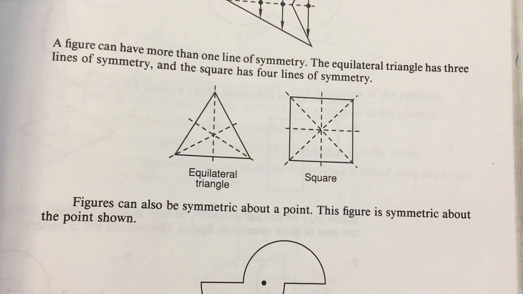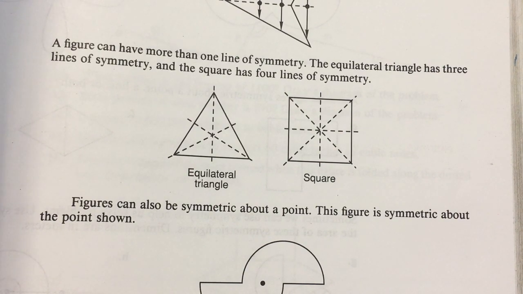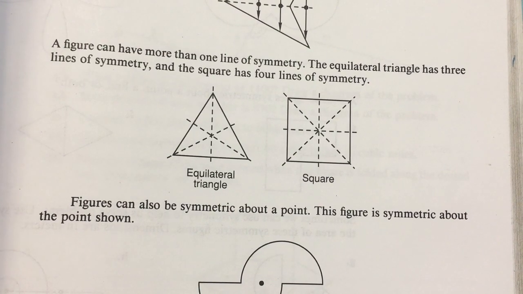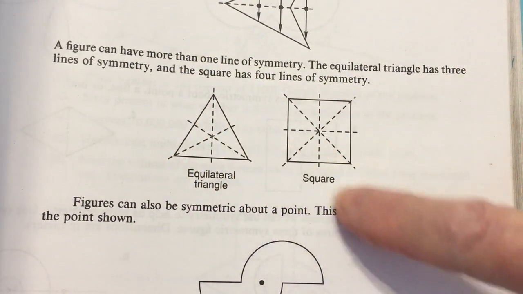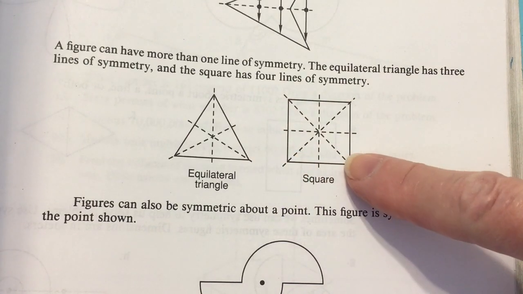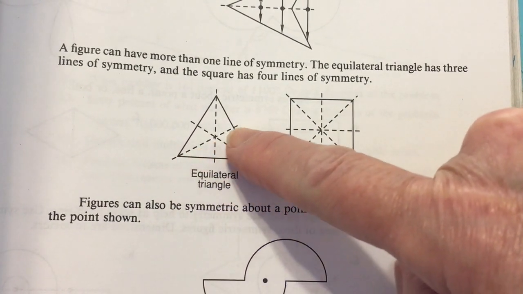In this next section, it says a figure can have more than one line of symmetry. The equilateral triangle has 3 lines of symmetry, and the square has 4 lines of symmetry. Okay, so we have the equilateral triangle, and we have the square. All right, so the equilateral triangle could be symmetric about this.